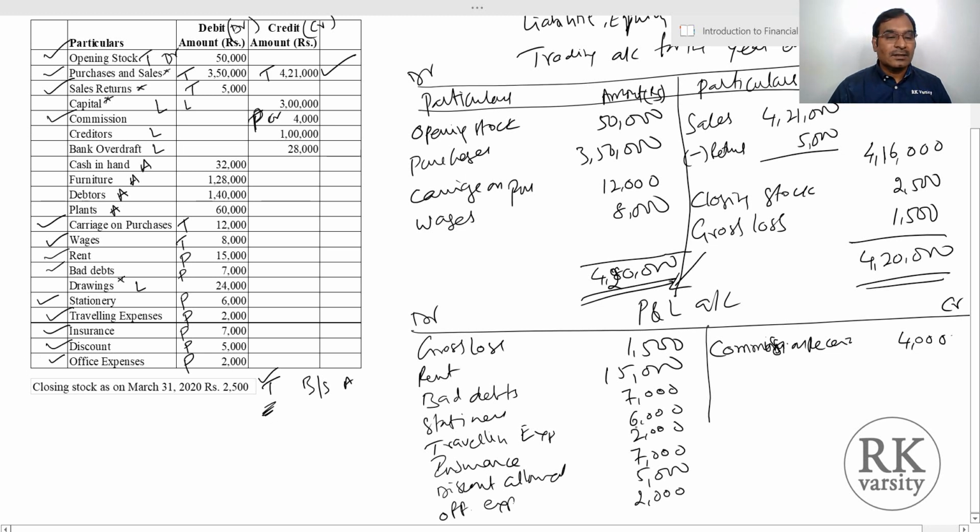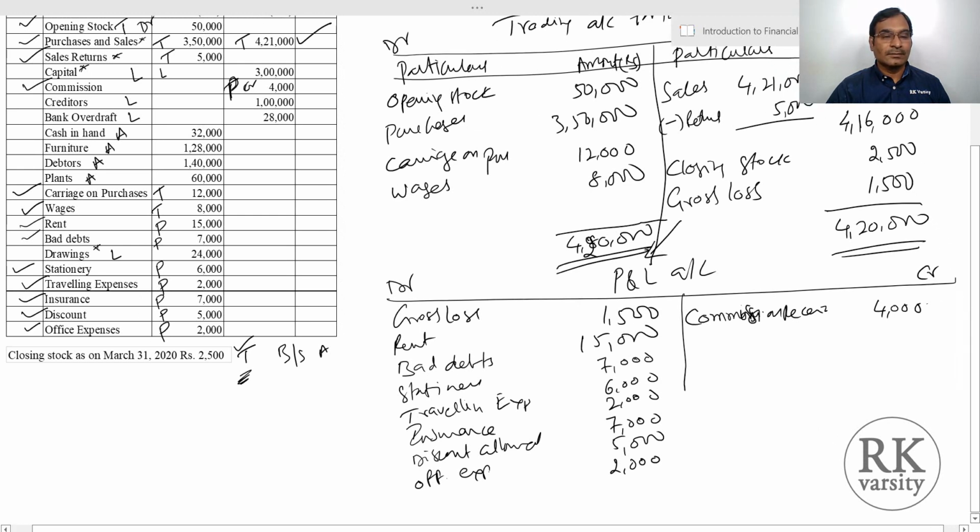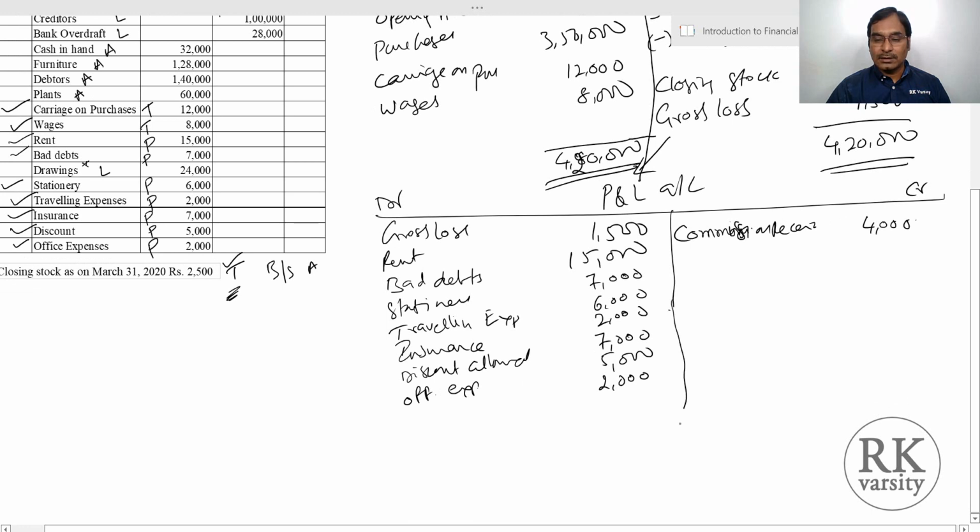Now let's cross check whether any other item is left out. We entered commission. Then in the profit and loss account we have rent, bad debts, stationery, traveling expenses, insurance, discount allowed. Fine, so no other account. So we'll tally this side.